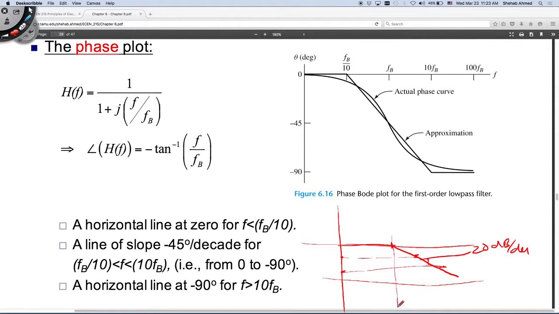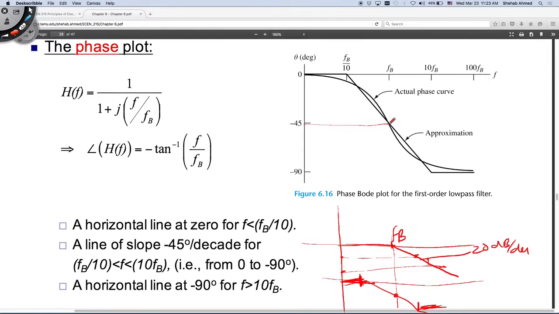And then the corresponding angle will be this way. So this is fb over 10, this is fb, and this is 10 fb, right?